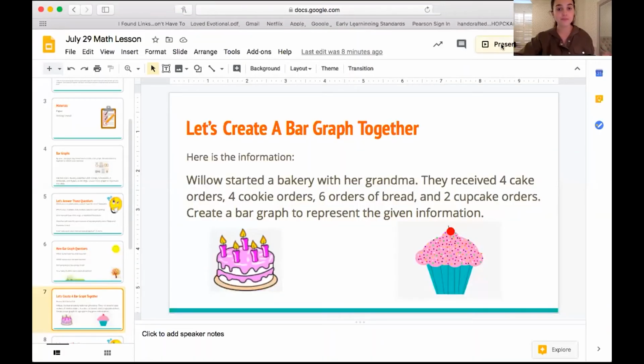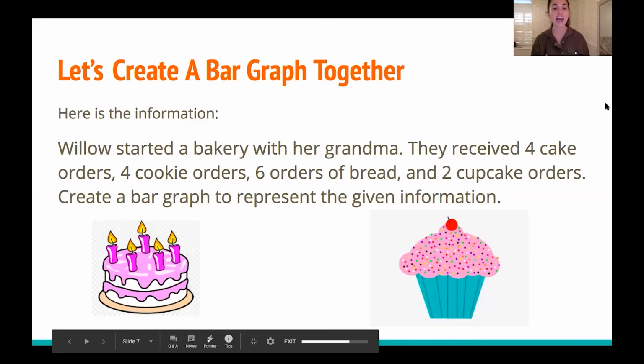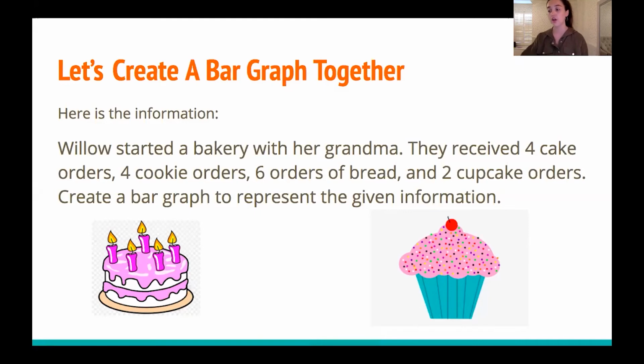I'm going to jump back into sharing my screen with you all so you have the information just as I do as well. Okay, so let's look first at cakes. How many cake orders were there? Grab a color. All right, there were 4.